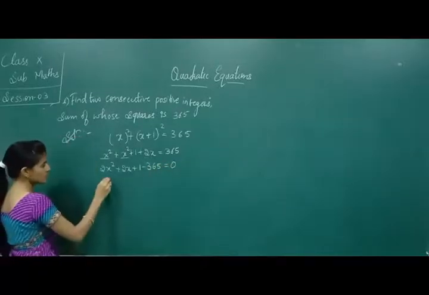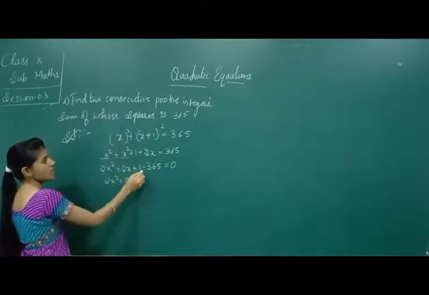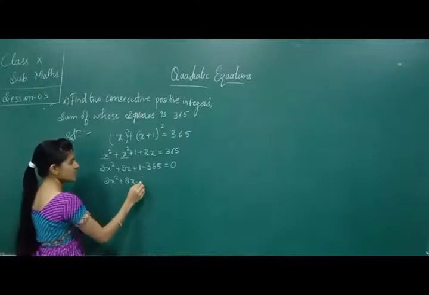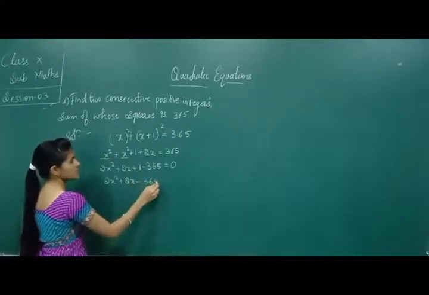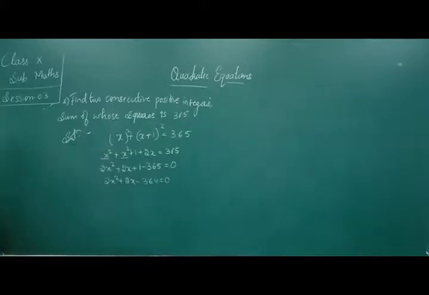Then I got 2x square plus 2x plus 1 minus 365, that is minus 364, equal to 0. What we got is 2x square plus 2x minus 364 equal to 0.